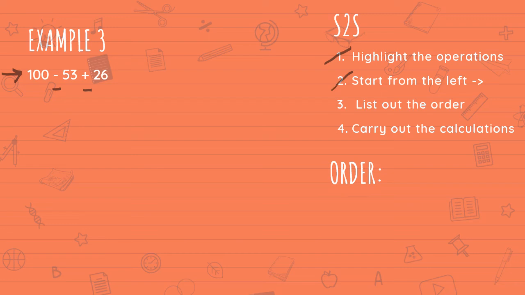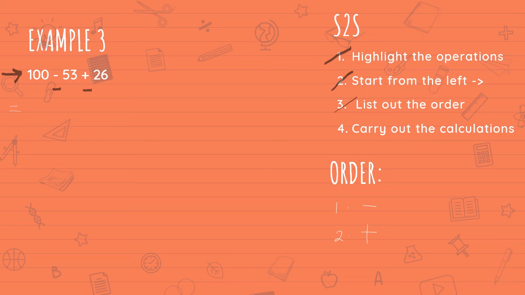So that is step 2. Step 3, list out the order. From the left, the first one that pops up is minus, so you're going to do minus first. And your operation for number 2 is plus. So you have done step 3.